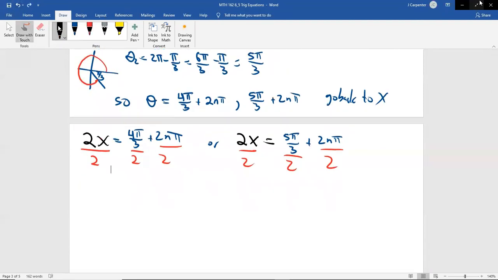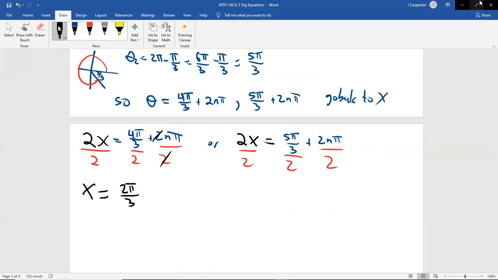So when you do these divisions, you get x for the first one: 4 pi divided by 3 divided by 2 ends up being 4 pi over 6, which reduces to 2 pi over 3. I'm going to show that arithmetic in a minute. So 2 pi over 3. Again, that's what this becomes. I'll show the arithmetic in a hot second.